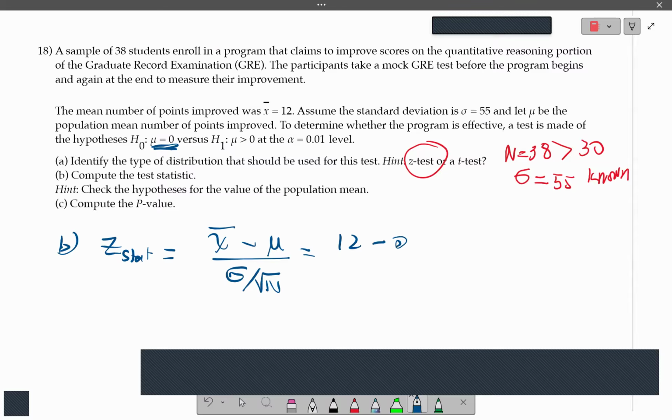So minus 0 divided by sigma, which is 55, divided by radical 38. That gives 1.3449, about 1.34.